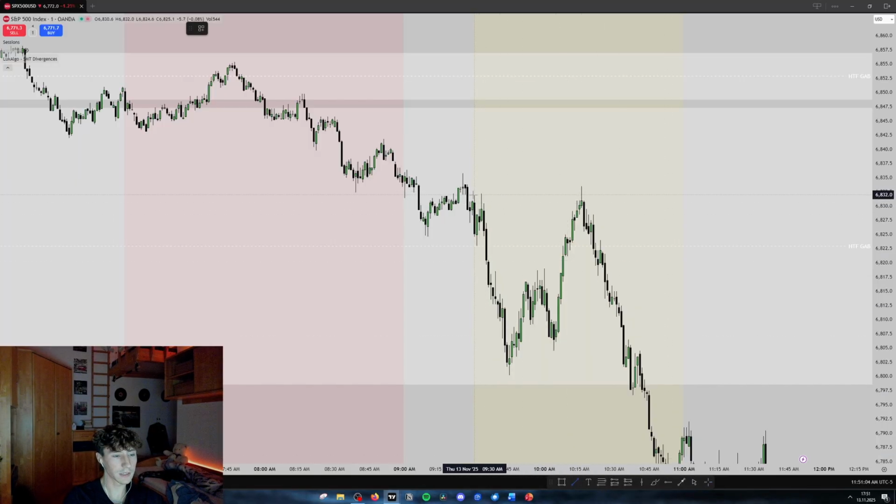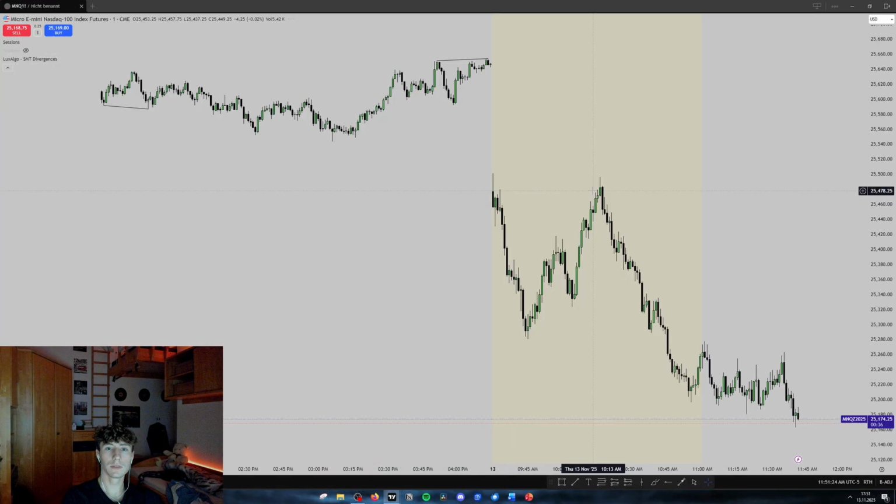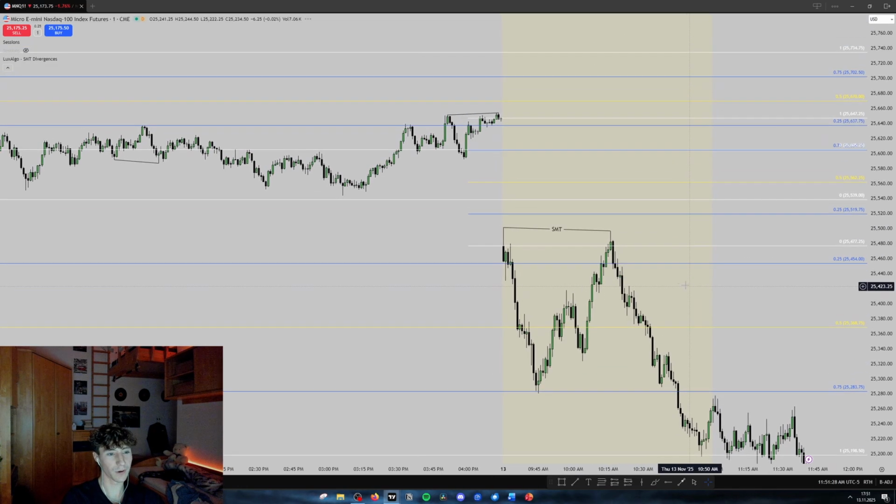We also had SMT right here, but the larger SMT right here is more significant, because with that we not only sweep important buy side liquidity, but we would also trade back to the upper quadrant of the new opening range gap of regular trading hours.